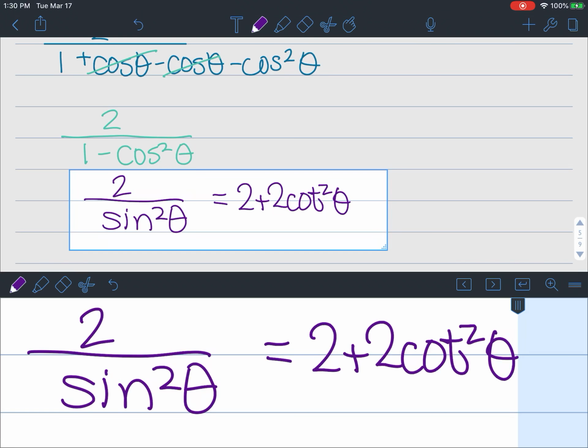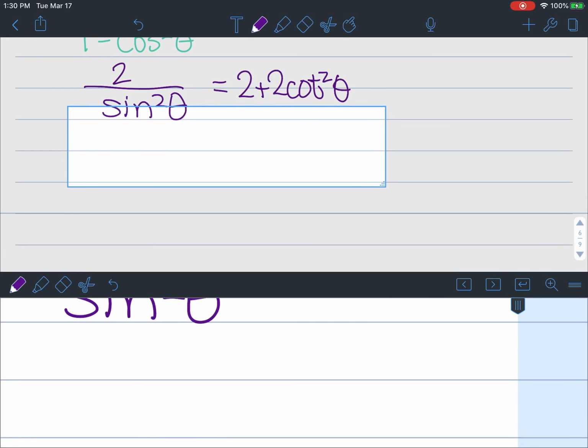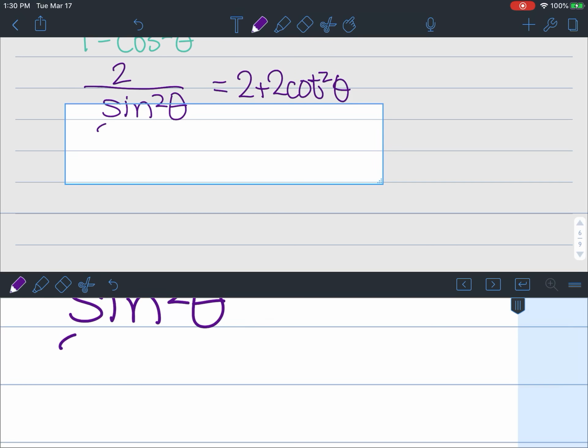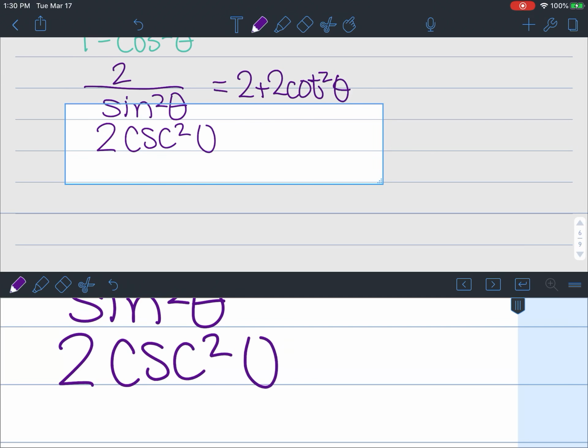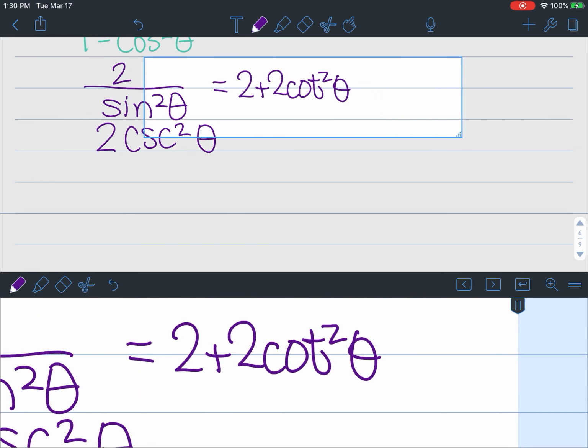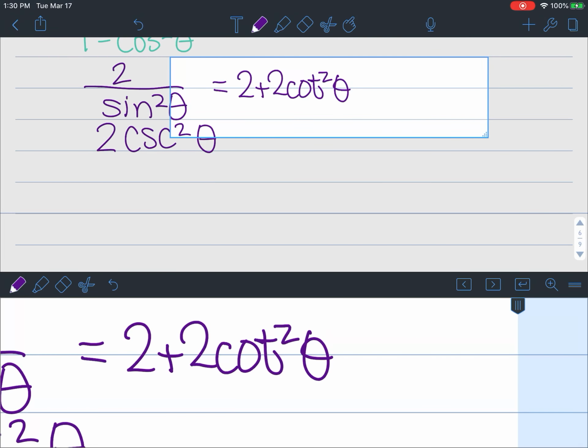But what I notice here is on the left, I still have a fraction, and on the right, I don't have a fraction. So I'm going to try to turn this left side into not being a fraction anymore. And I can do that by taking sine squared up to the top and making it cosecant squared. Now, at least there's no fraction anymore, so I'm definitely getting closer. But another thing to notice is on the right, it's two terms. I have 2, and then I have this 2 cotangent theta.